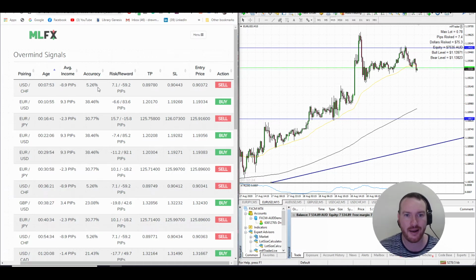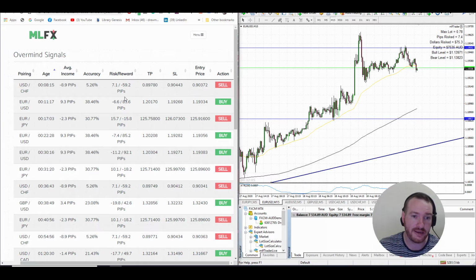So when you are looking to take a trade, the things that you should be concerned about are the risk reward. Obviously, you're going to want to look for a trade that has at least, I would probably say, a 1 to 1.5 risk reward, if not 1 to 2.